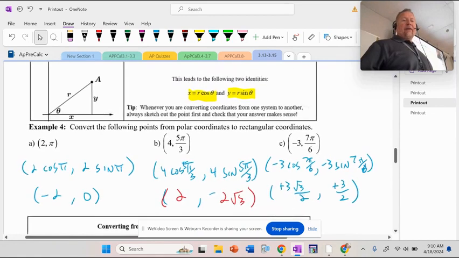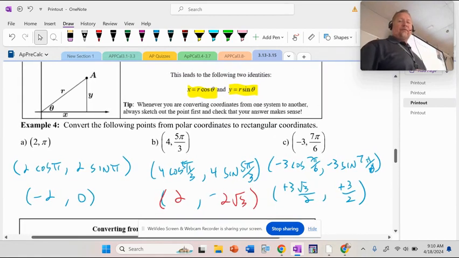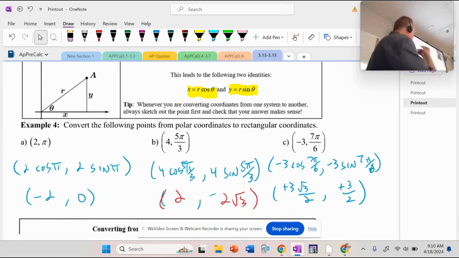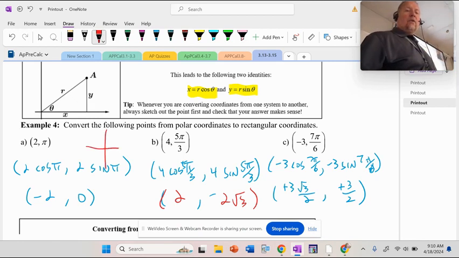Okay, and I did this real fast, and I can graph like 2 of these. Well, one of them, because the root 3s don't really work, but we can make sense out of letter B. But letter A, 2 comma pi. Well, it's 2 cosine theta, comma 2 sine theta, x comma y. And then just think about this graphically. Here's pi on a polar coordinate plane, and then here's 2 out, 1, 2.